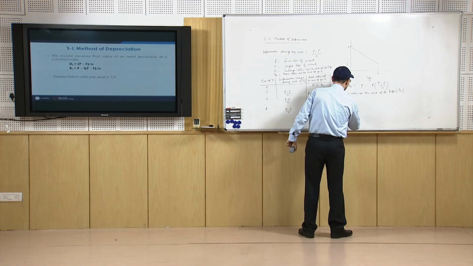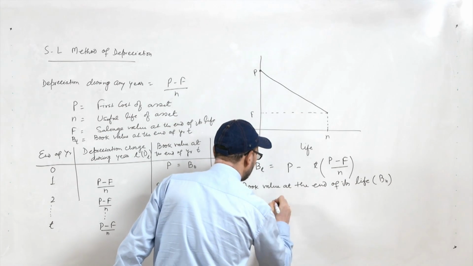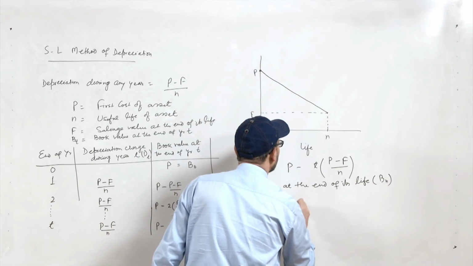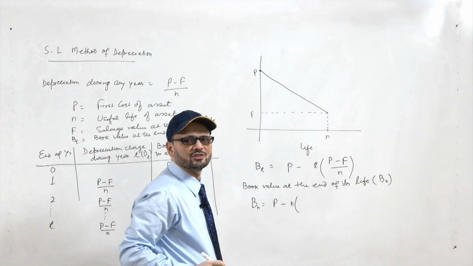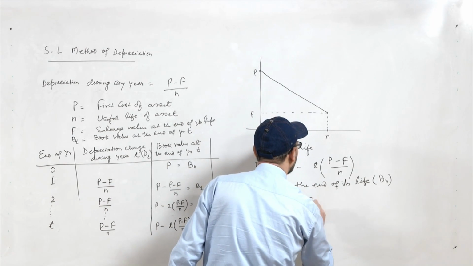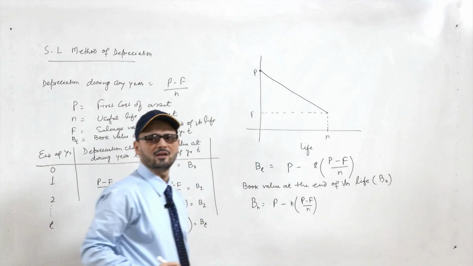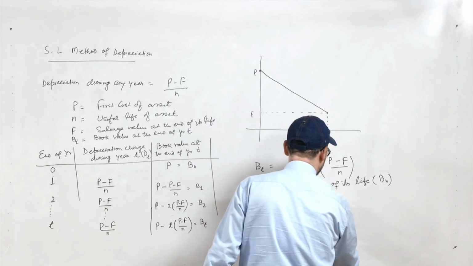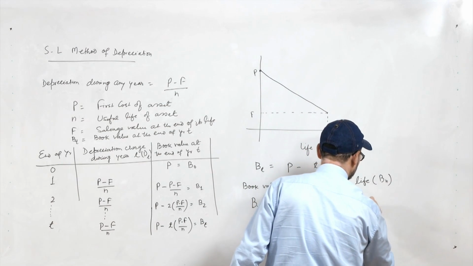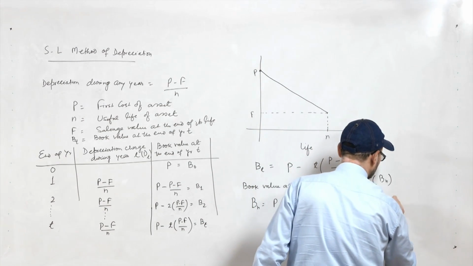So B n will be P minus n times the depreciation charge during that year, that is (P minus F) upon n. So it will be nothing but F, that is nothing but the estimated salvage value.